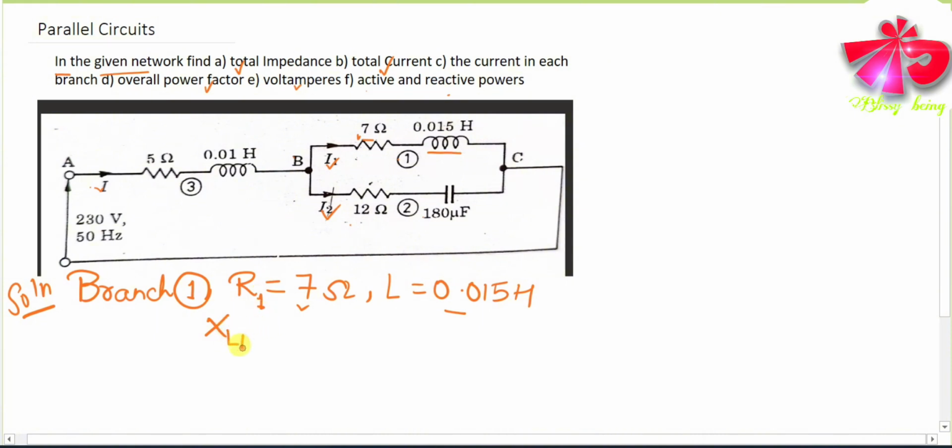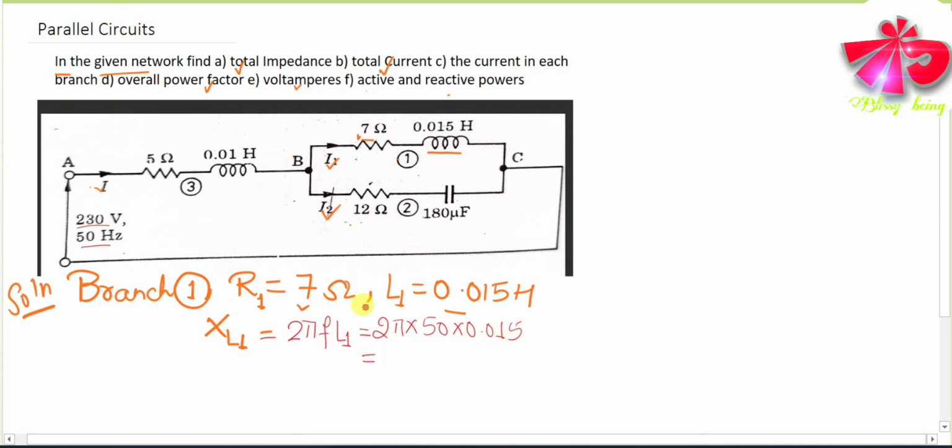To find it, let's name it XL1, the inductive reactance of inductor L1. So XL1 is equal to, what is the formula? The formula is 2 pi f L. For now L is L1. Now substitute the values. We are given the total voltage along with the frequency. So it will be 2 pi into 50 into 0.015.